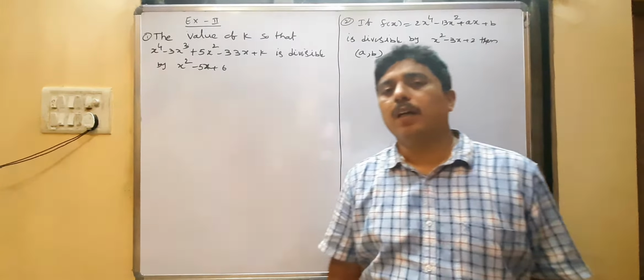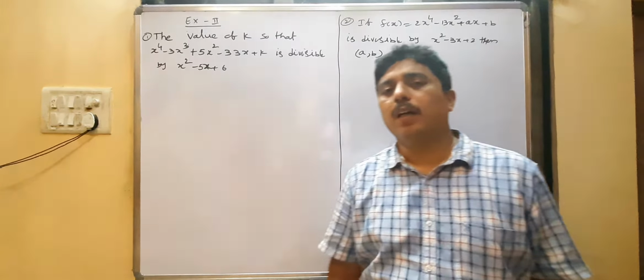Allot 0 0, add 3 1, 5 into 1 is 5, allot 0 here, 5 minus 3 is 2, 5 into 2 is 10, minus 6 into 1 is minus 6, 15 minus 6 is 9, 5 into 9 is 45, minus 6 into 2 is minus 12, remainder with the 0.